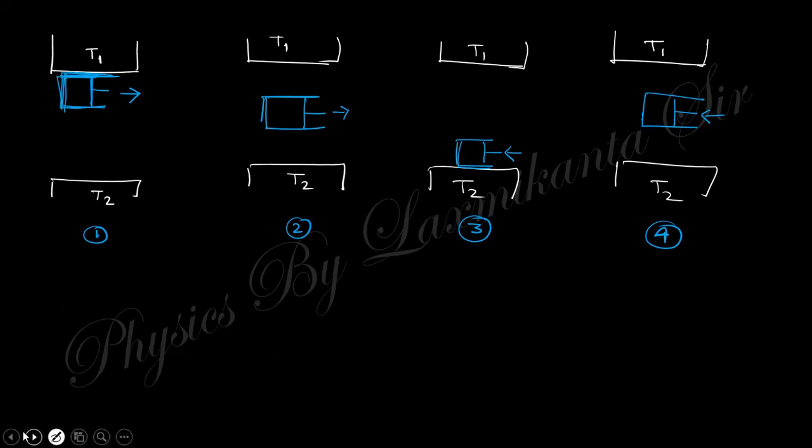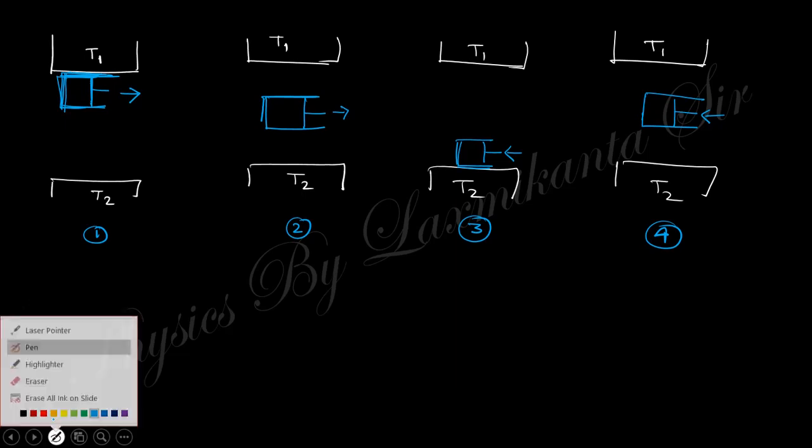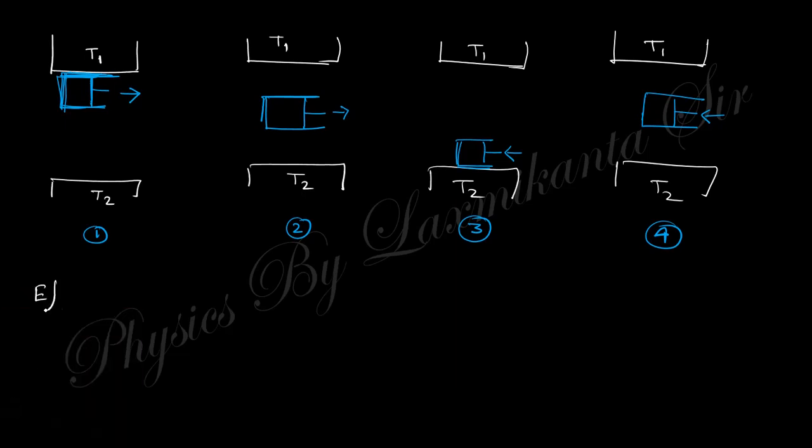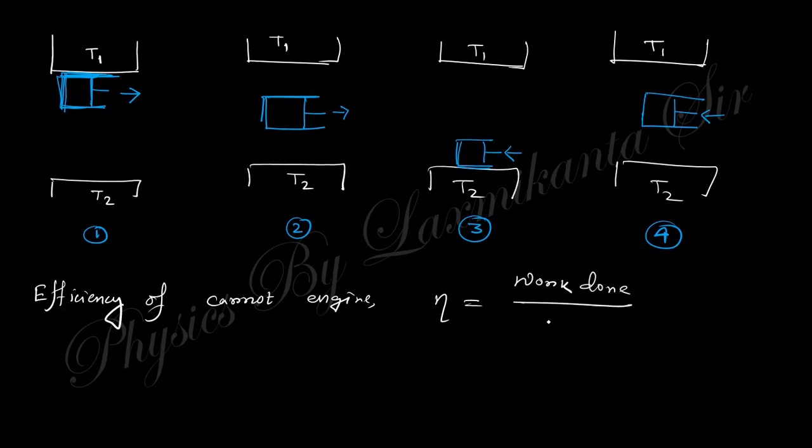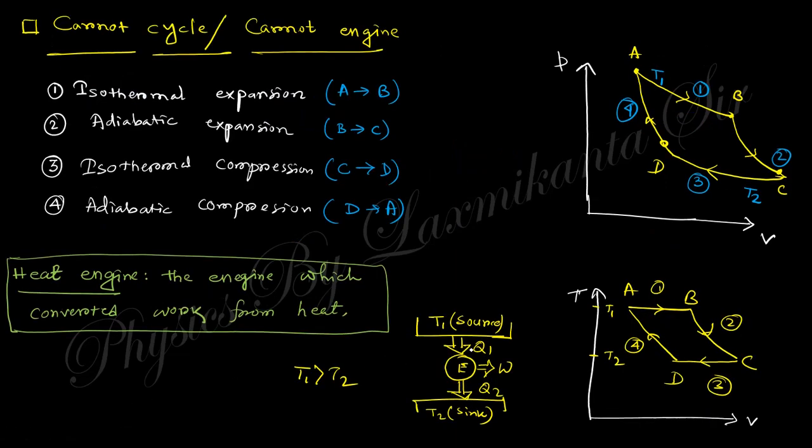Okay. Now we come to the efficiency. What do we mean by efficiency? Efficiency of the Carnot engine is nothing but the work done by the heat supplied from the source, right? From here you can see Q1 taken from the source, W work done, and Q2.